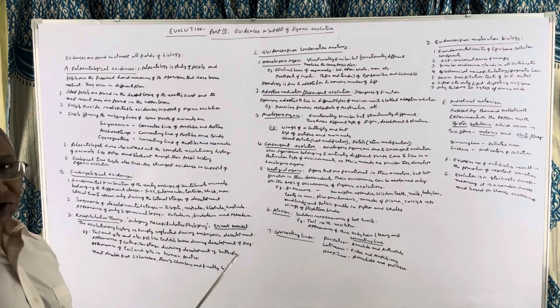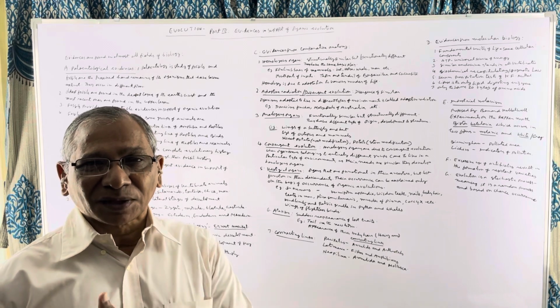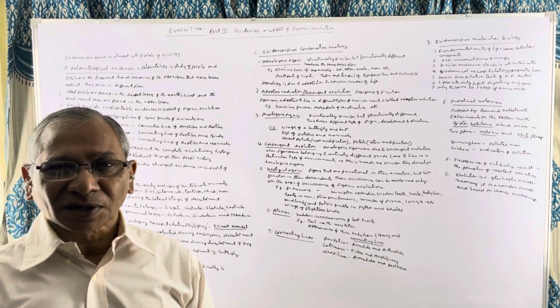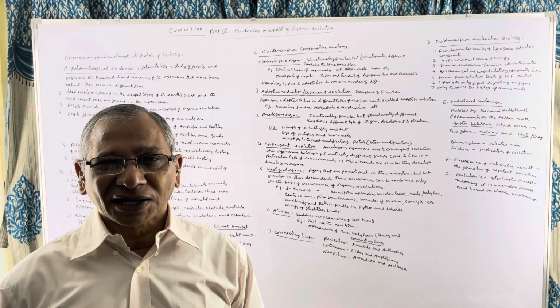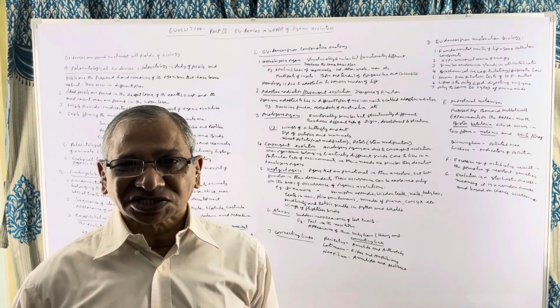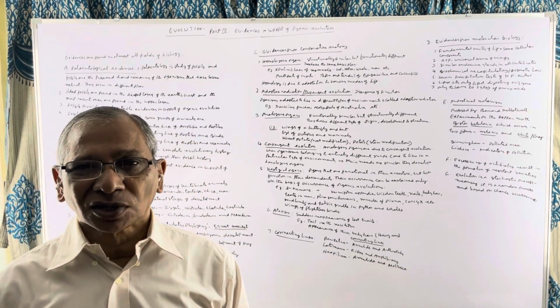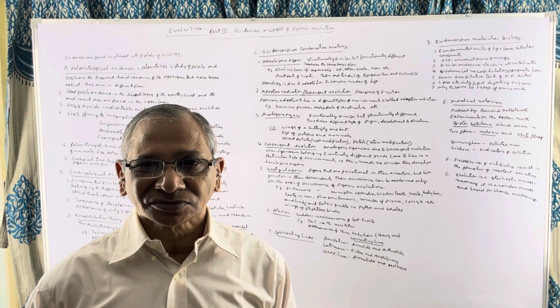Then Archaeopteryx, very famous reptile-bird or bird-like reptile. It was discovered in Germany. Archaeopteryx is considered as a connecting link between reptiles and birds. It exhibits a number of reptilian traits and also avian traits. Like birds, it has feathers.